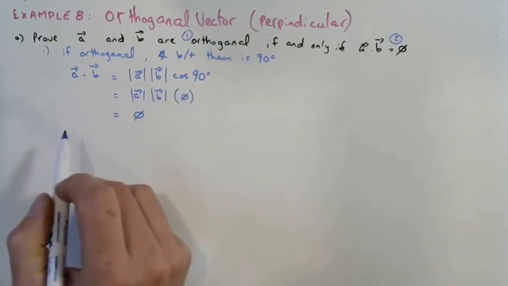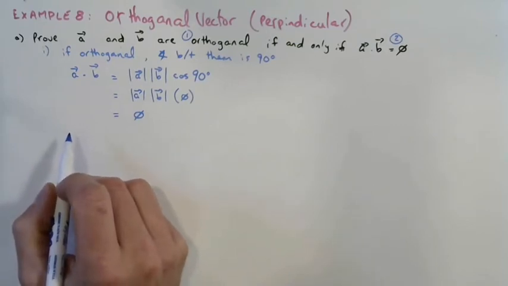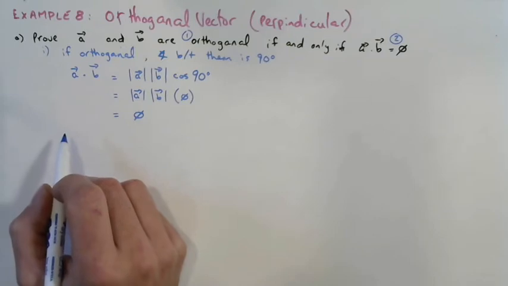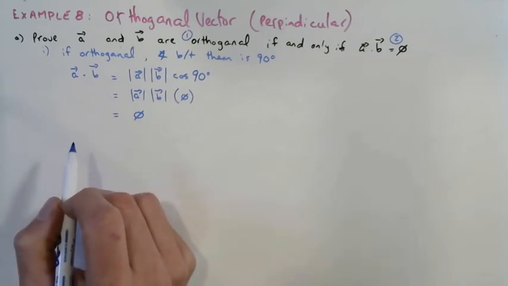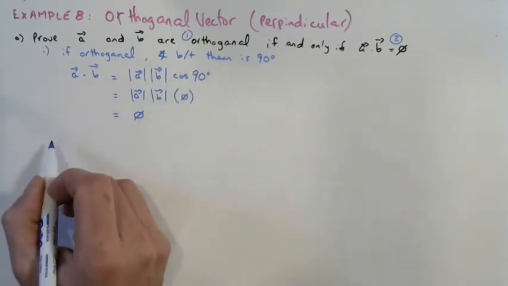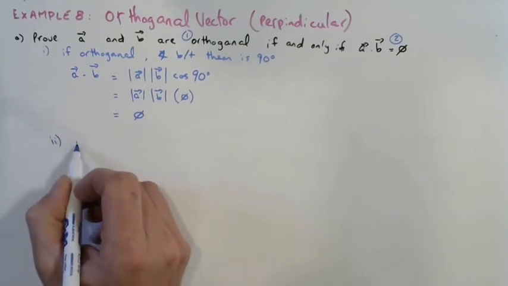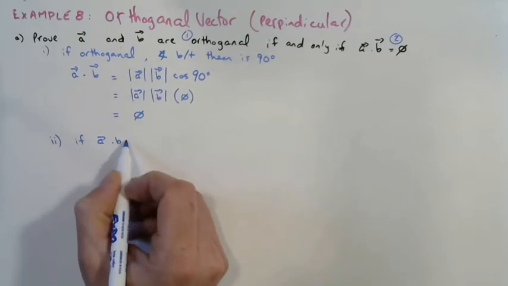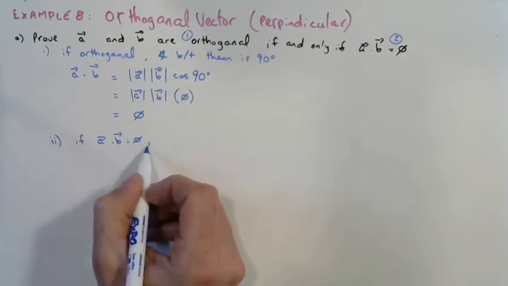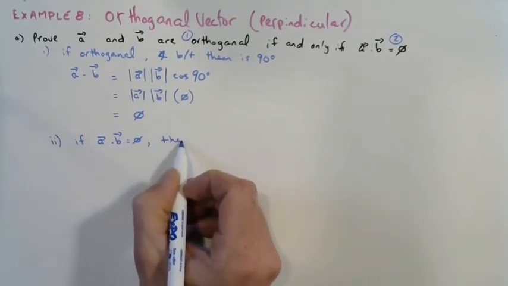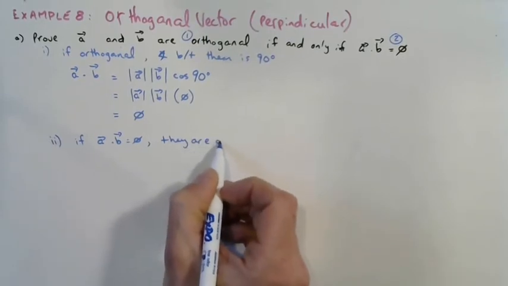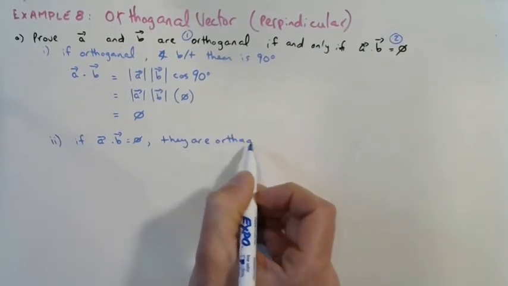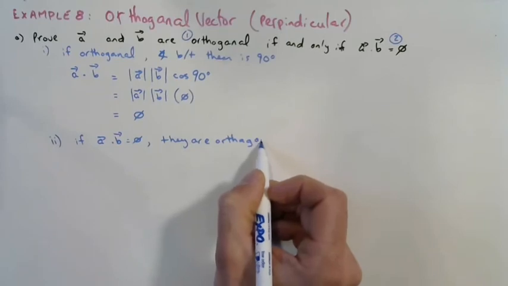Okay, now we're going to start from the other side, and we're going to show that if the dot product is 0, then they are orthogonal. Okay, second part, if A dot B is 0, they are orthogonal.